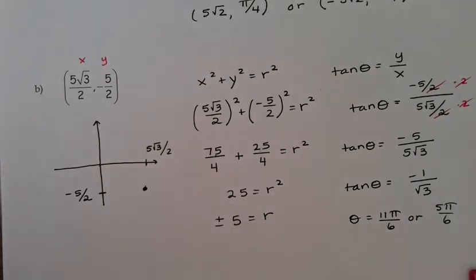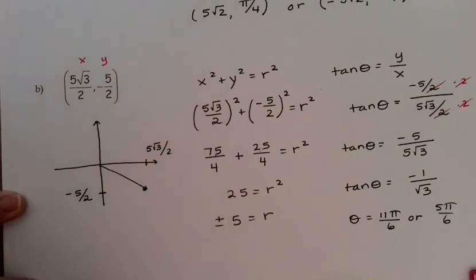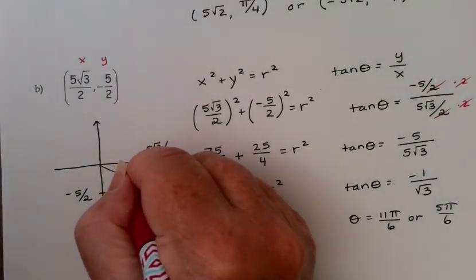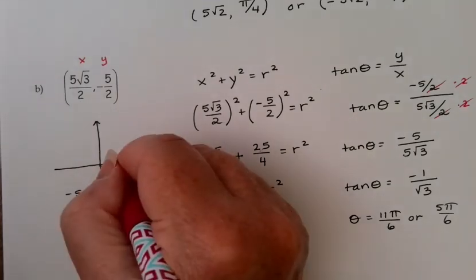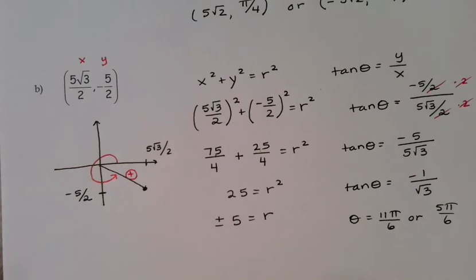All right. Which goes with which? This is a fourth quadrant angle. So the positive r value is going to go with this angle, the large one, the 11 pi over 6.